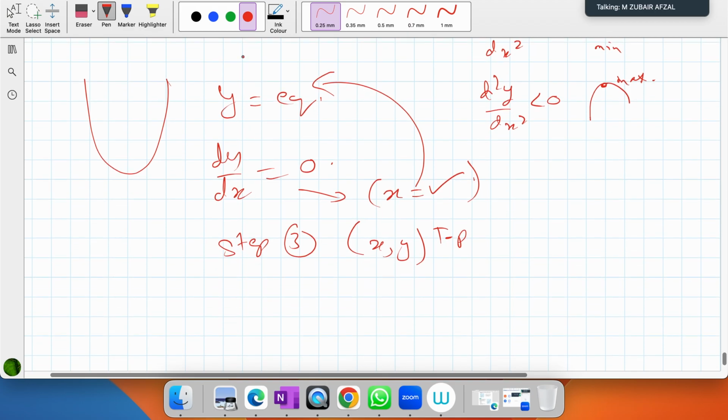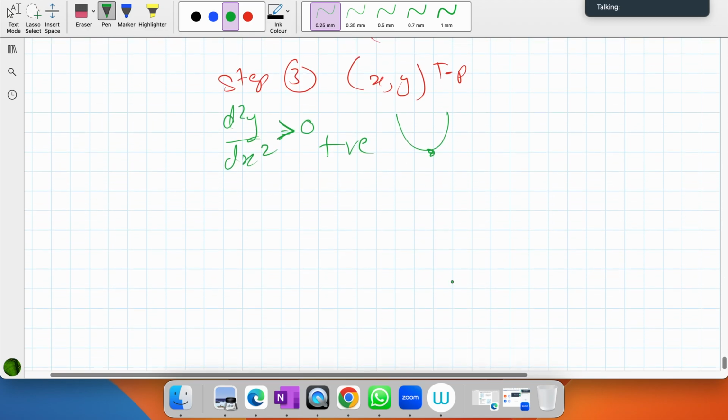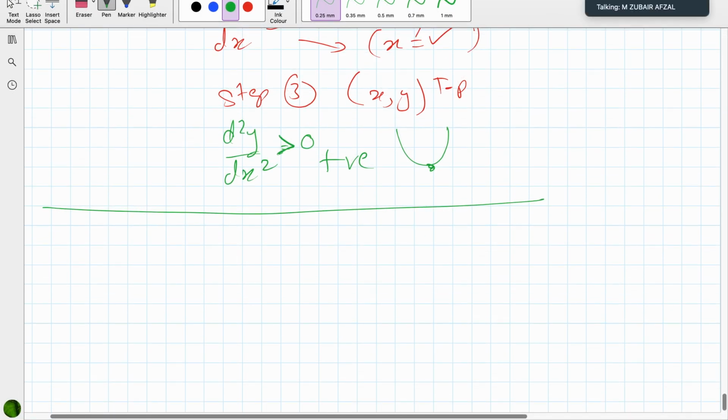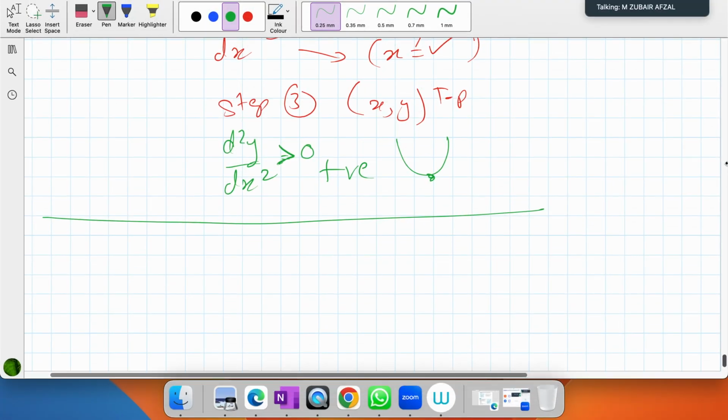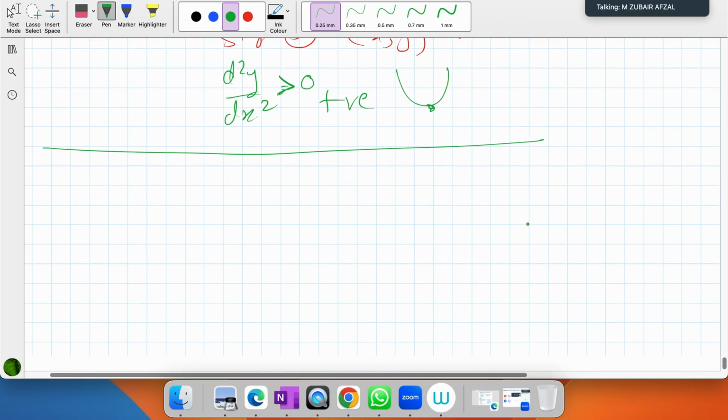Then if the question demands the nature, d square y over dx square is the double derivative, and if it is greater than 0, that is positive. Positive is smiley face, that is minimum, and the other way around is maximum. Let me copy some examples from your book.